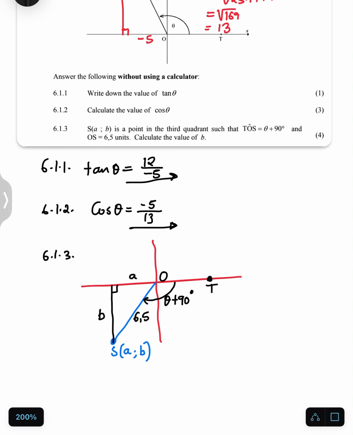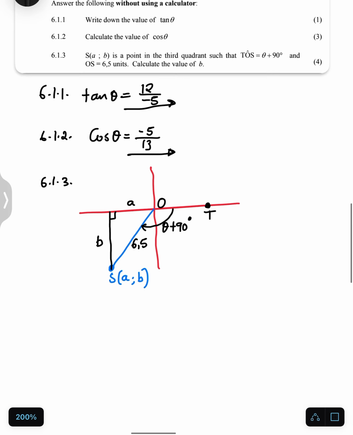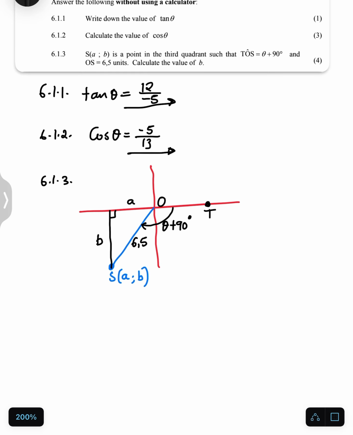So the question here is to find the value of B. B is our Y, which is our opposite side. So if you answer that question, you will say sine of theta plus 90 degrees will be opposite over hypotenuse, which is B over 6.5.